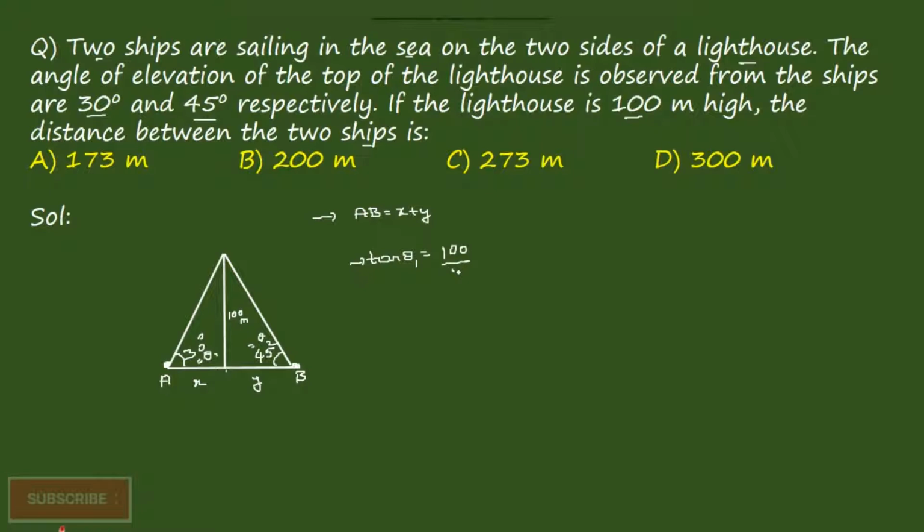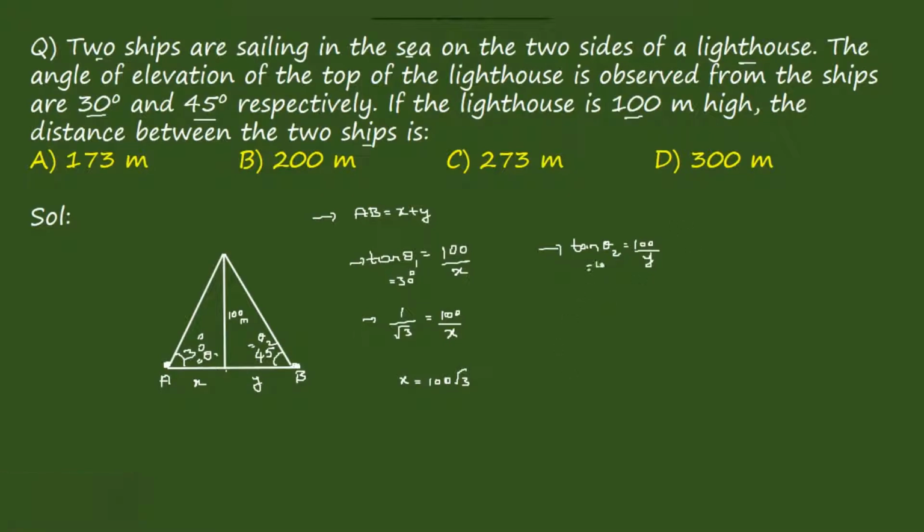Here theta 1 is equal to 30 degrees. tan 30 is 1 by root 3, which is equal to 100 by x. Then we get x equal to 100 root 3, right? Consider theta 2. Then tan theta 2 is equal to 100 by y, right? Perpendicular is 100, base is y.